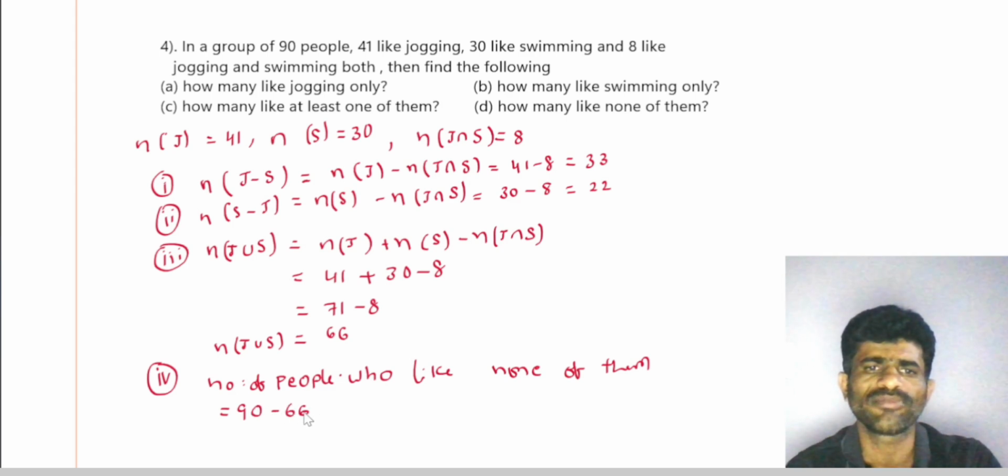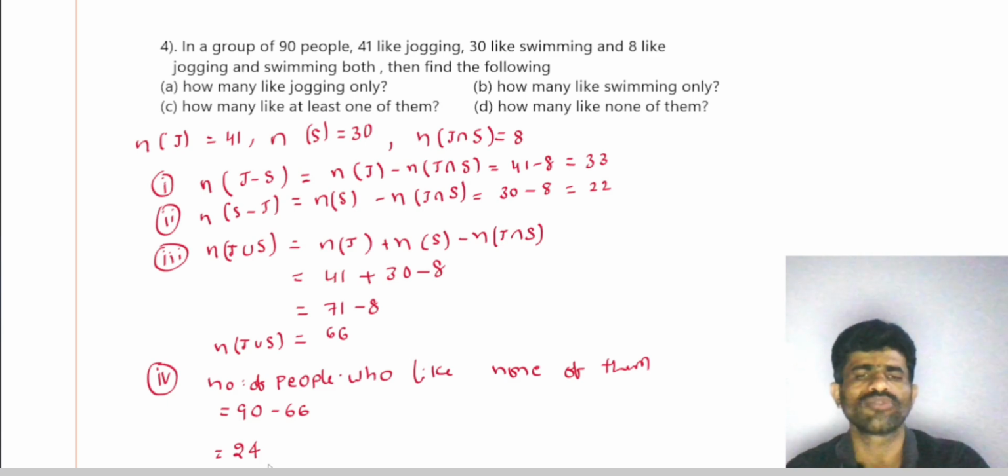So that 66 should be subtracted from the total. 90 minus 66 is 24. 24 people do not like jogging or swimming. So the total of 90: 66 people like at least one of them, and 24 people do not like any of them.